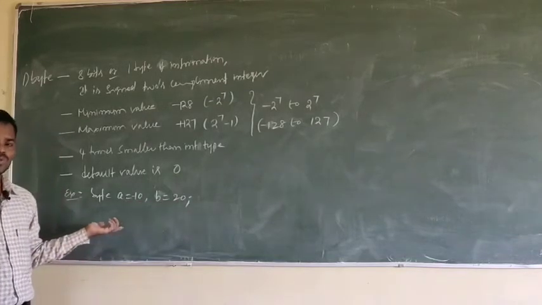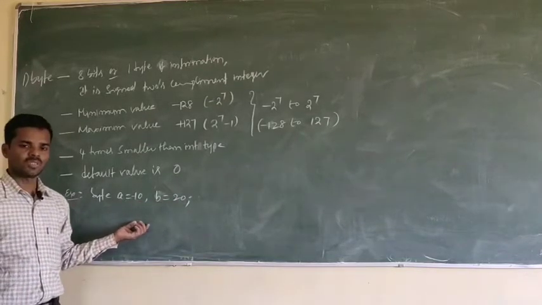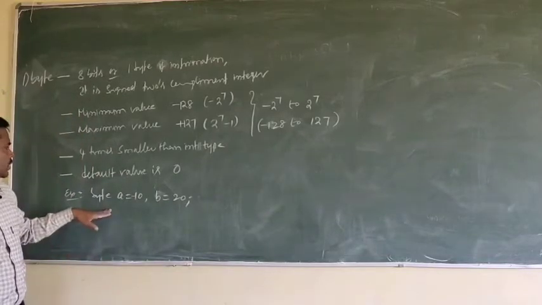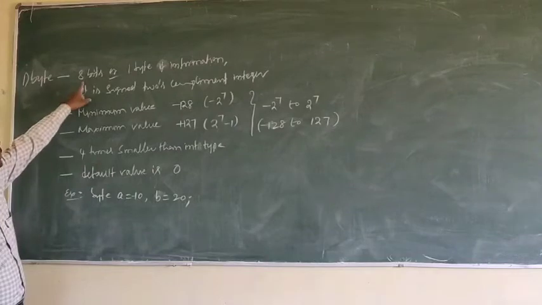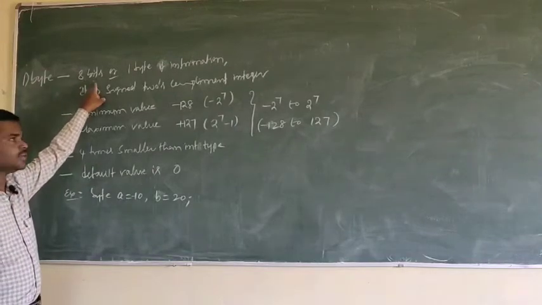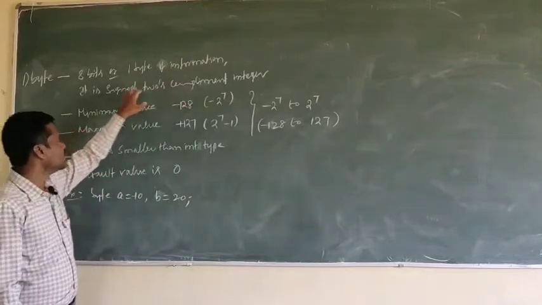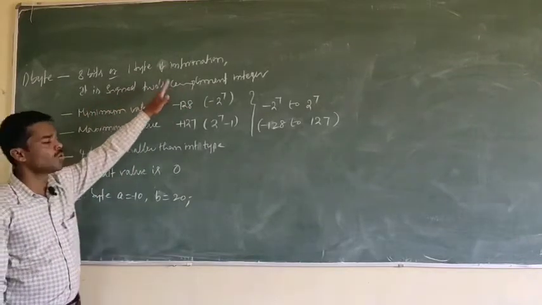If you want to store the smallest values of integer type, then you can use the byte data type. Understood? What is the size of byte data type? It can store 8 bits or 1 byte of information, as a signed 2's complement integer type.